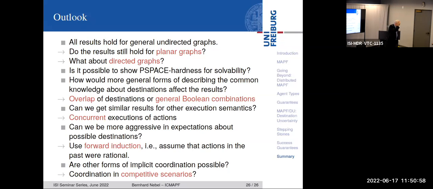I asked myself, can there be any sort of implicit coordination when you have a competition or not common goals? I have no idea. There should be something, but I guess in game theory, you can give guarantees about whether games can be won by one agent or not. That is sort of what you would do there.